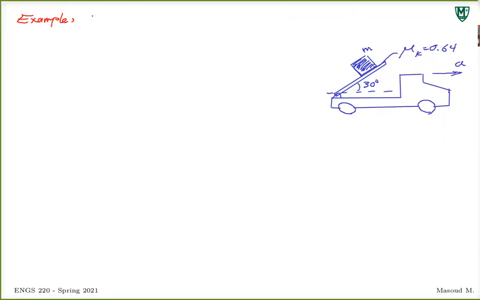So the problem statement says there's a box of mass m resting on the bed of a dump truck. We know the coefficient, we know mu k.